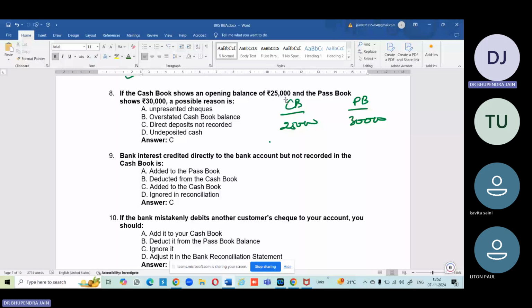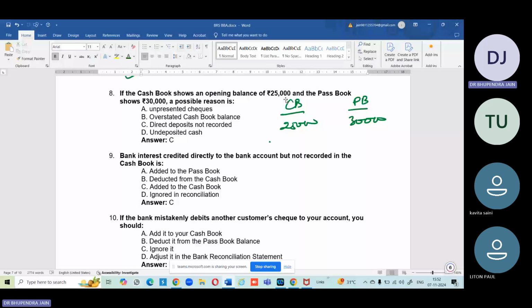If we start the question from the balance as per cash book, and in most cases the question starts from the balance as per cash book, then we have to add 5,000 rupees in the cash book. But if it starts from the balance as per passbook, then we have to subtract.